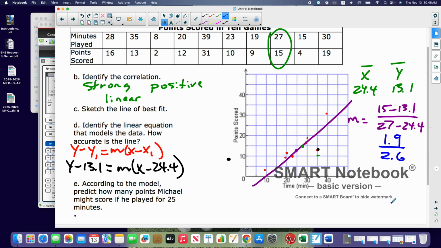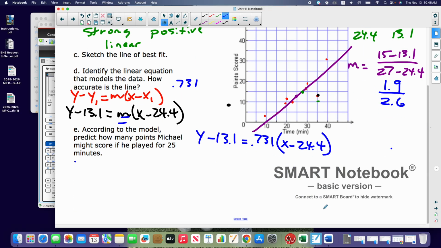So my slope is 0.731. So y minus 13.1 equals 0.731 times x minus 24.4. I don't like all these decimals. Yeah, that's statistics for you. A lot of things don't come out nice, pretty whole numbers.